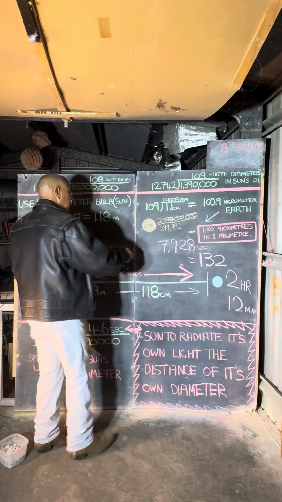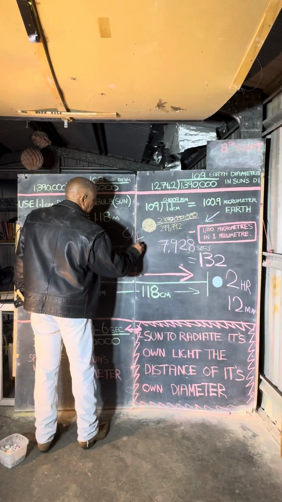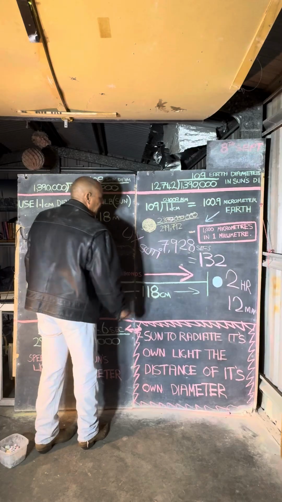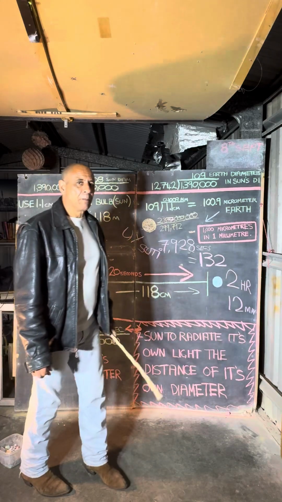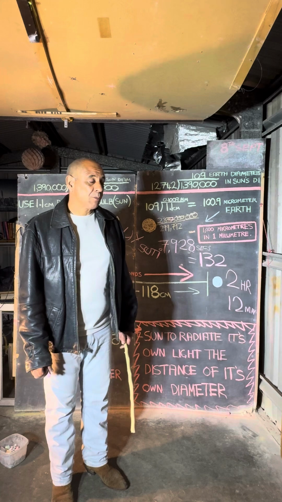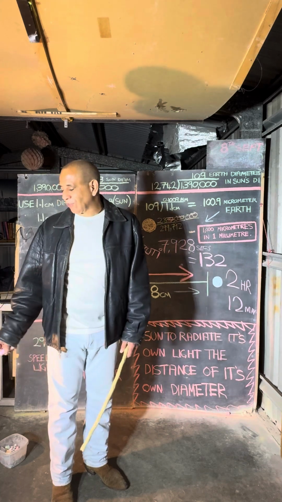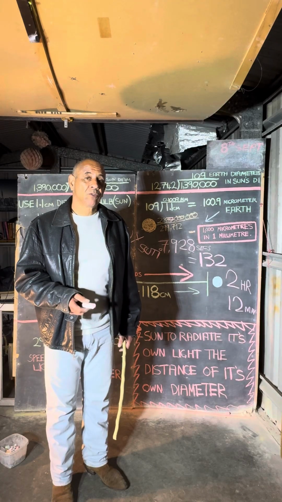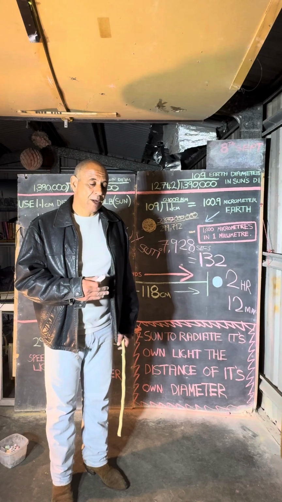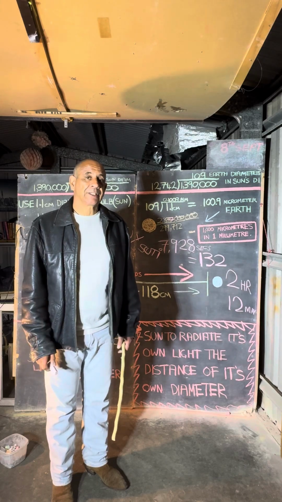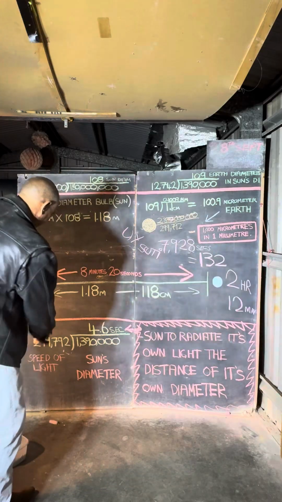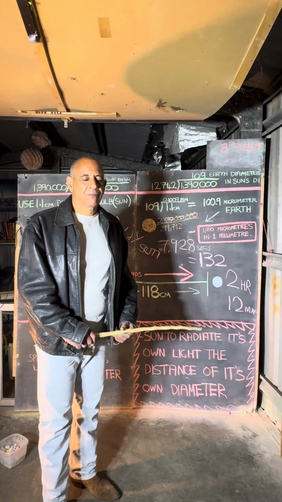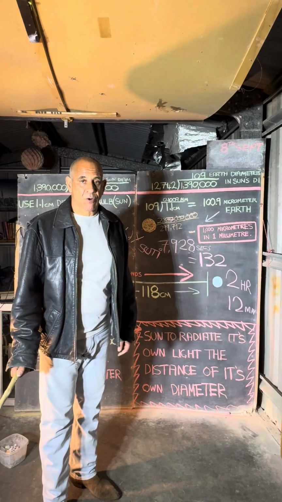And UY Scooty, with a diameter of 2.377 billion kilometers, way more powerful than the sun, I think it's a little bit more powerful, that light bulb, but it takes 2 hours and 12 minutes to radiate its own light the distance of its own diameter. And that is because of that stupid Mickey Mouse speed of light that there is no evidence for anywhere.